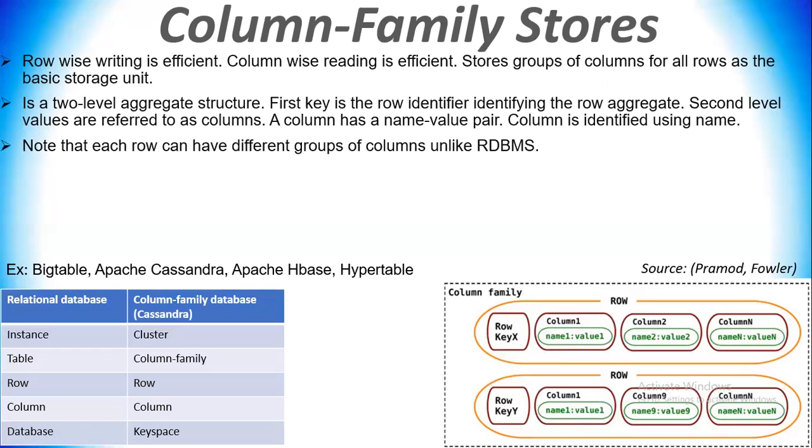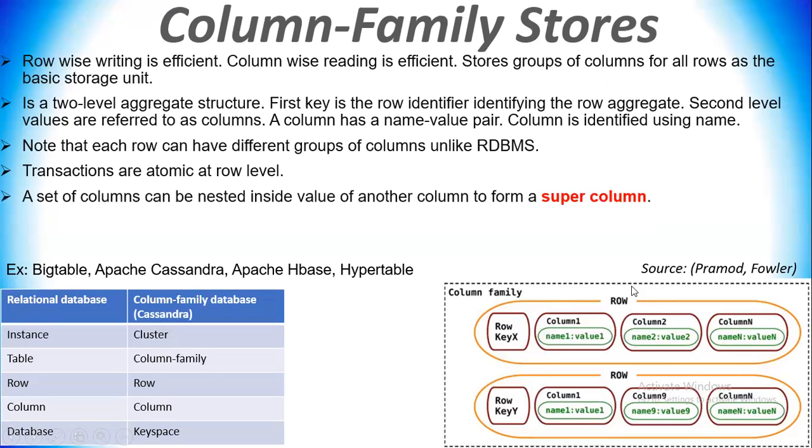So this is what I have told you earlier. It can have a different number of columns, not fixed, like RDBMS. I'm repeating the same thing. Transactions are atomic at row level, meaning this aggregate level, right?